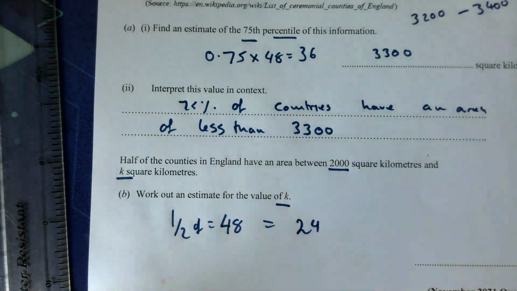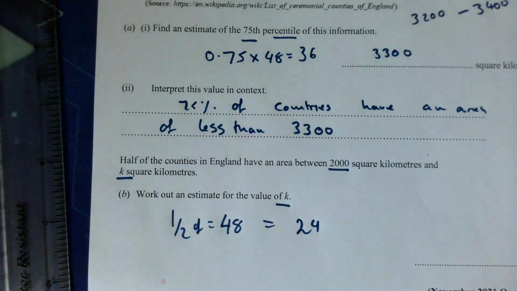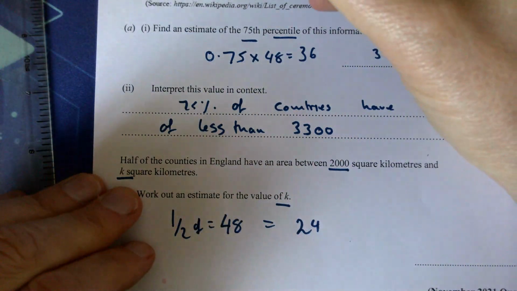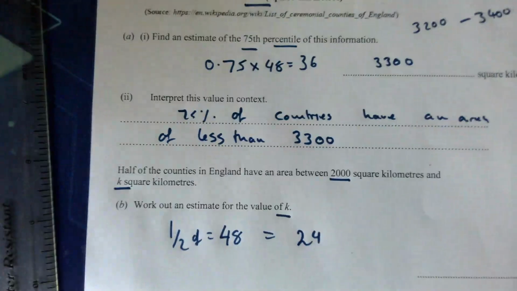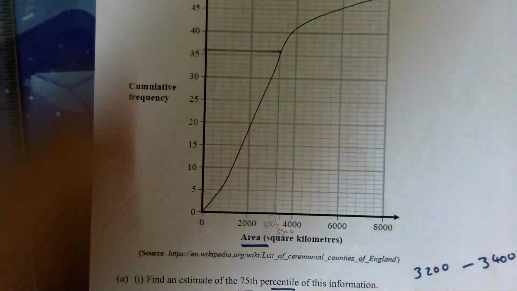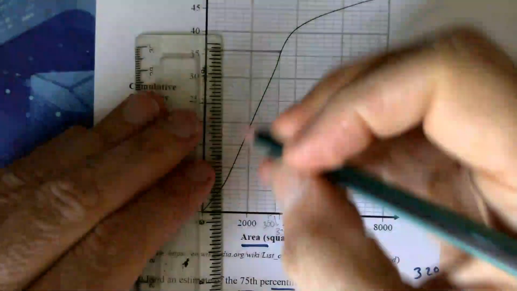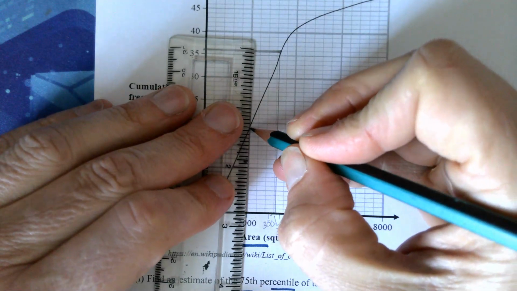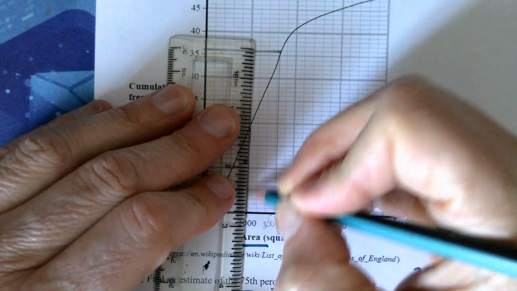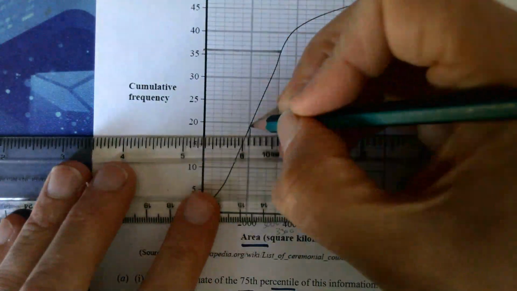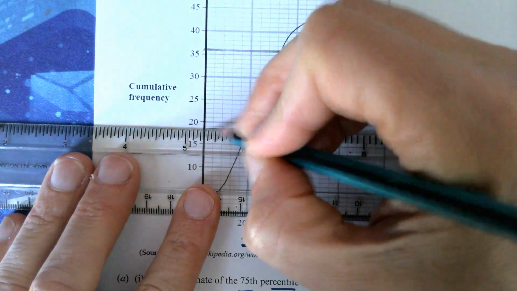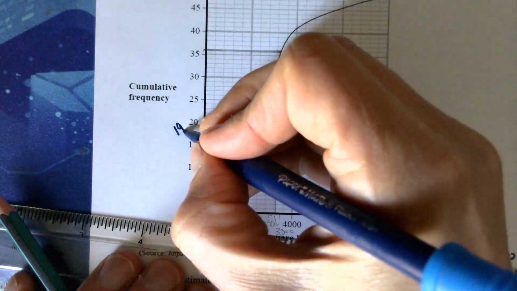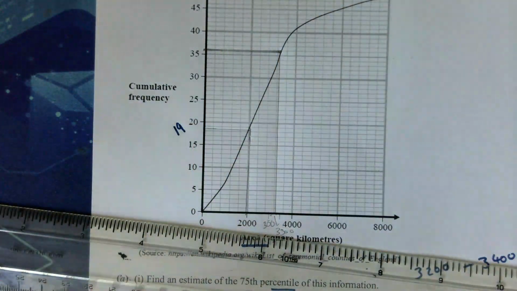Right, so I've worked out half the counties. Where does this start? 2,000 is here, up here on the graph. There's lots of little steps in this. Because it's between 2,000, that's what we're starting at, so we're going to go up and read. Just going to mark that, go across, and so that's 19.